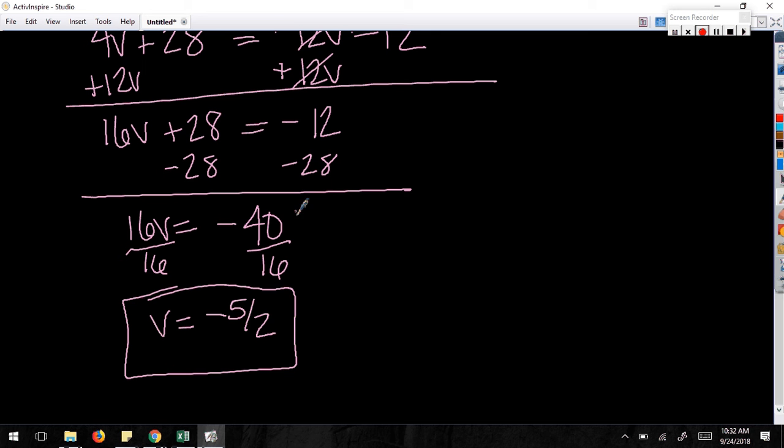Because if I divide 40 by 8 and 16 by 8, I can reduce that fraction to negative 5 over 2. 40 divided by 16. All right, are we good?